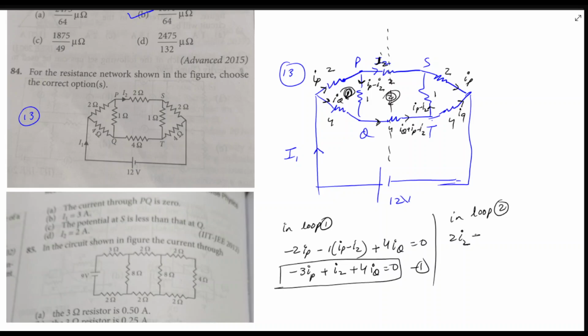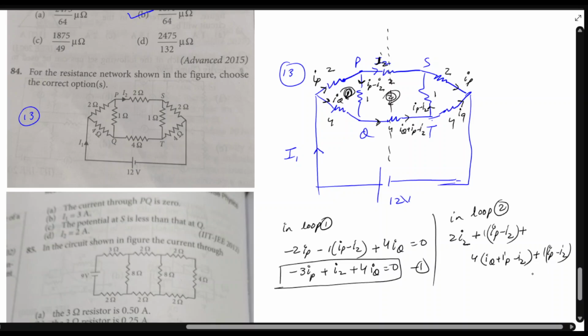And this will be plus (IP minus I2) into 1, and this will also be plus because we are going in the opposite direction, so it will be 4 times (IQ plus IP minus I2). So if you go like this, it will be again plus (IP minus I2), will be equals to 0.